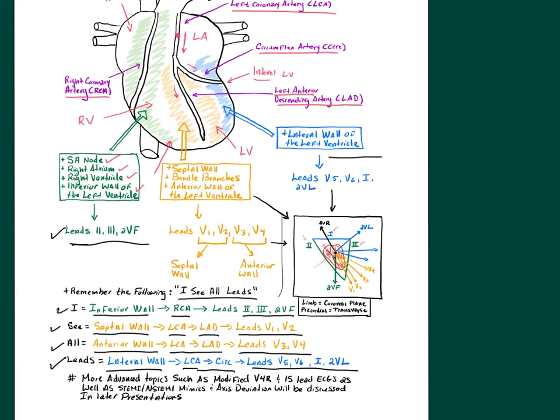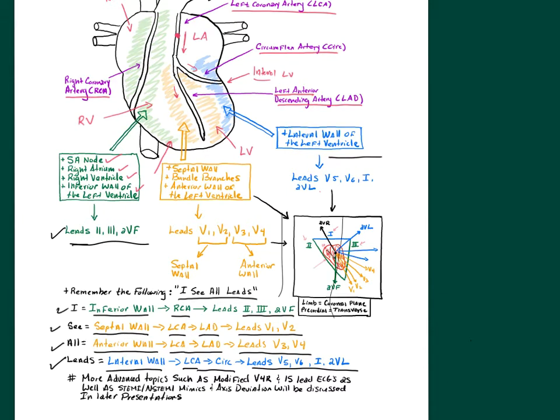You're looking at the septum, the bundle branches, and the anterior wall of the left ventricle. Lateral wall is the circumflex artery, the circumflex branch of the LCA. That's primarily looking at the lateral aspect, the left side of the left ventricle, and that includes leads V5, V6, 1, and augmented vector left. You guys cool with that? Or so far so good?